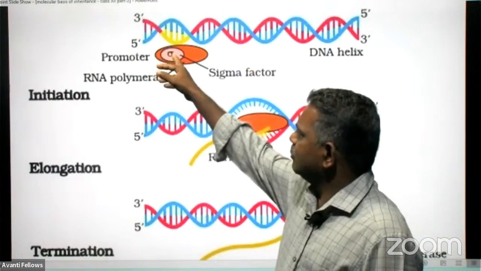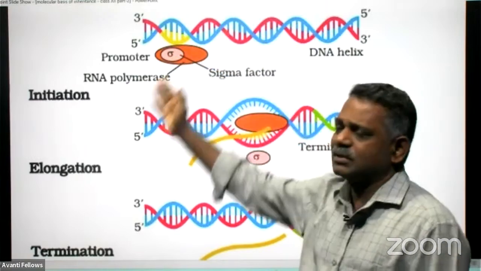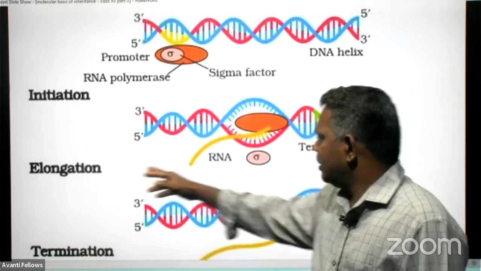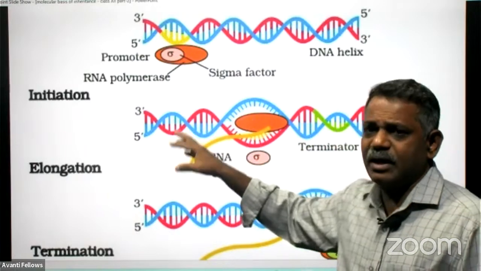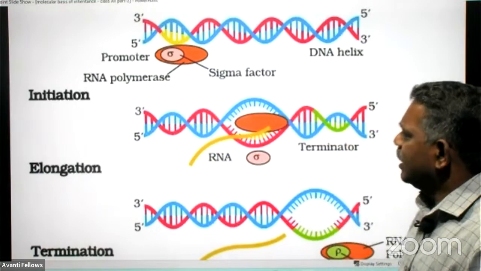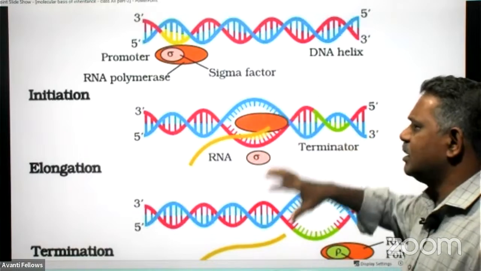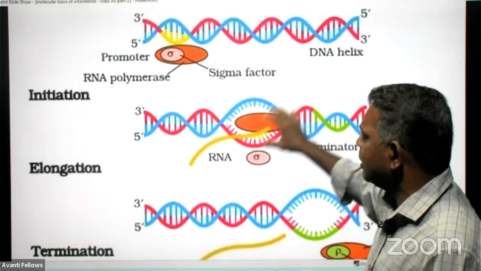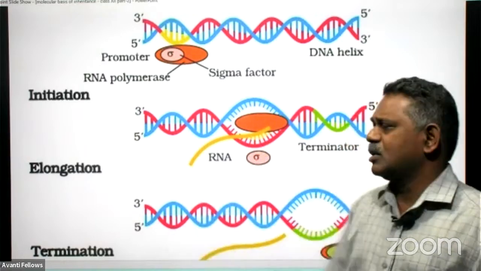Then initiation happens with the help of the sigma factor present in the promoter region of a transcriptional unit, and elongation is because of the RNA polymerase, DNA dependent RNA polymerase, which moves along the length, with the 3' to 5' strand of the DNA acting as the template, because the movement of RNA polymerase is always in the 5' to 3' direction.